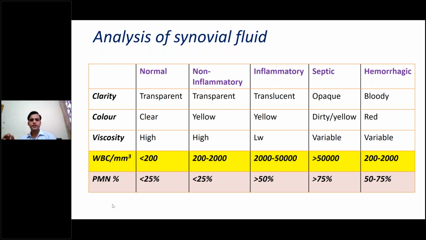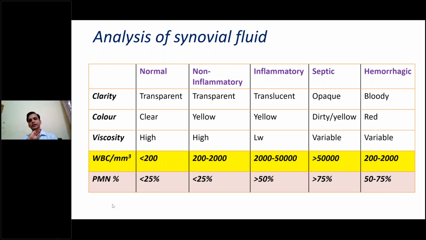And among these WBCs, the polymorphonuclear (PMN) leukocytes account for only 25% of cells. While in case of any pathology, these WBC counts increase, and the proportion of polymorphonuclear cells also increases, or it varies.